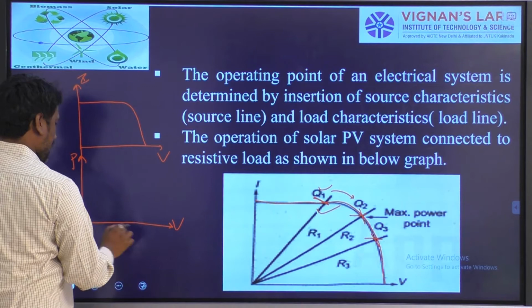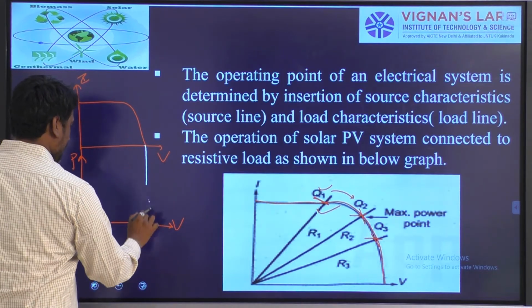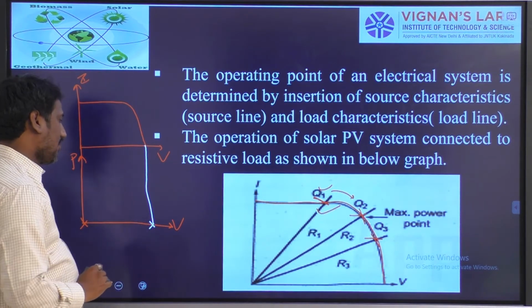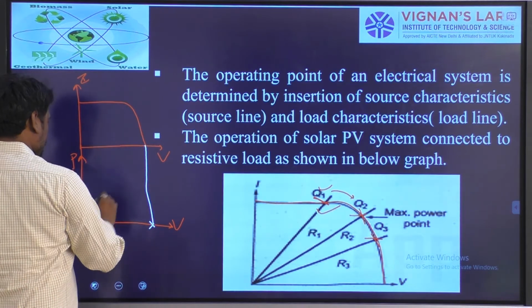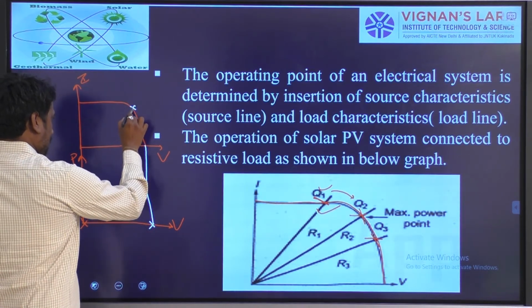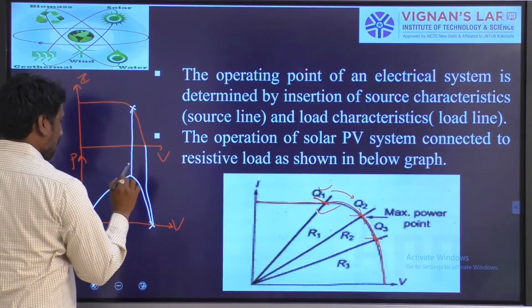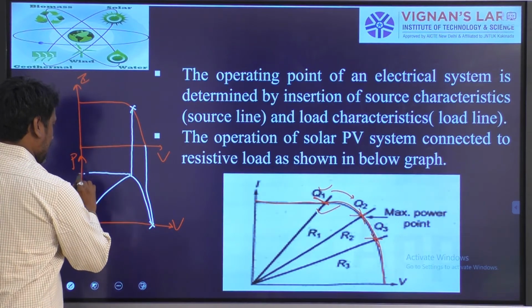Starting it is 0, and at the ending, again it will be 0 here. This is the maximum power point approximately. This is the maximum power.